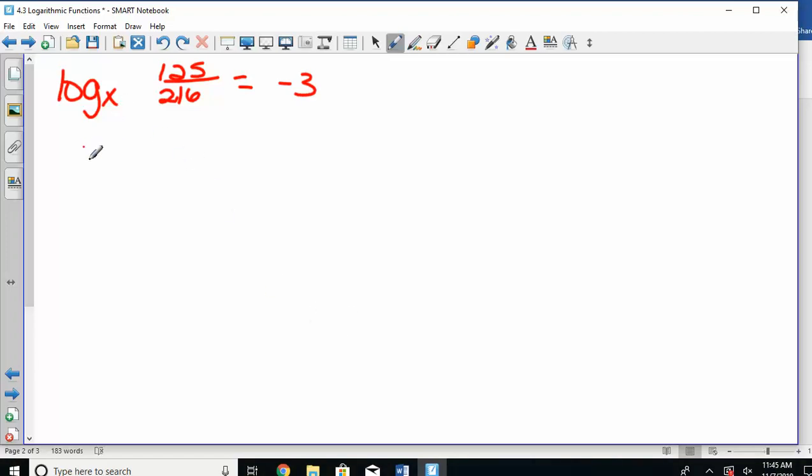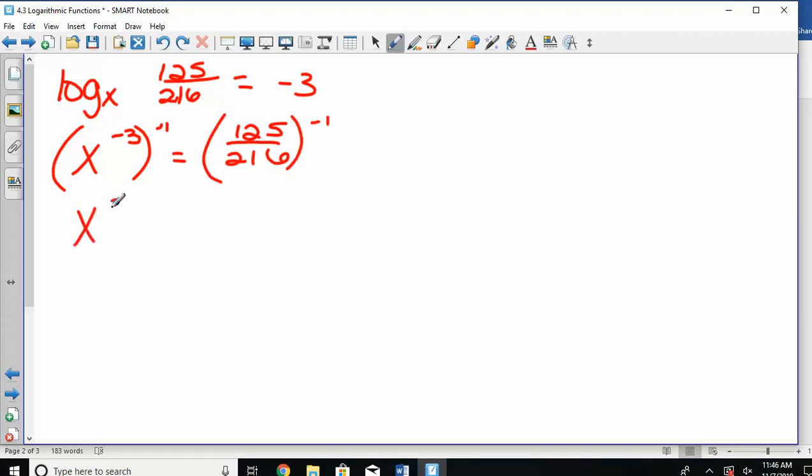Exponential. So it'd be x to the negative 3 power equals 125 over 216. How could you get rid of the negative? You could take each side to the negative 1 power. So that'd be x to the positive 3 equals 216 over 125.